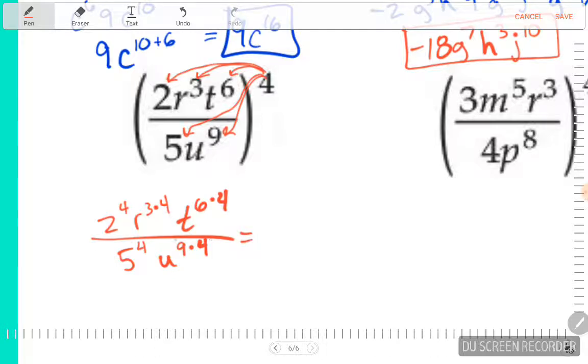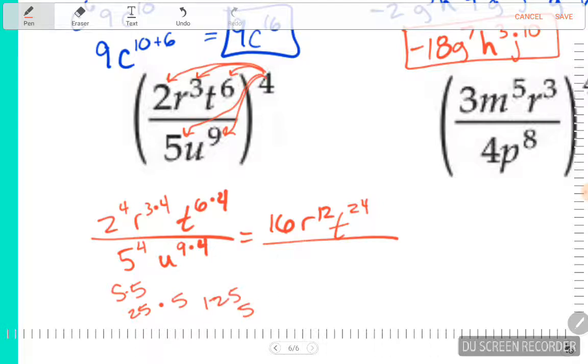All right, if I want to simplify this, 2 to the 4th is going to be 16. Okay, R 3 times 4 is 12. T 6 times 4 is 24. 5 to the 4th. Okay, so that's 5 times 5 is 25. Times 5 is 125.